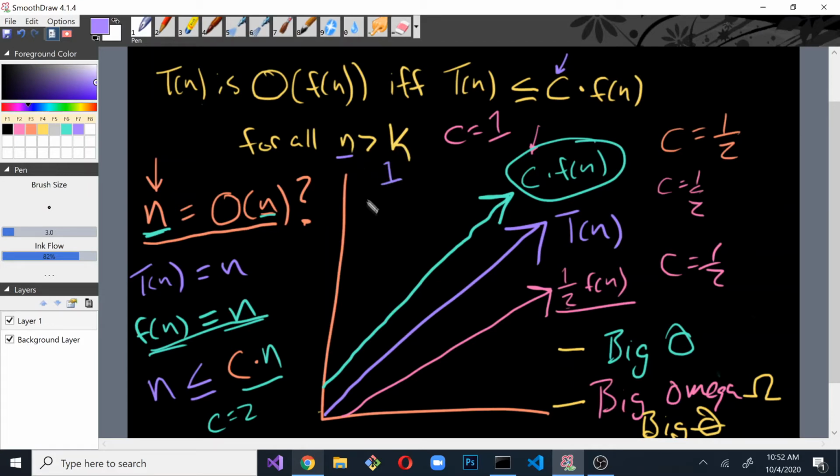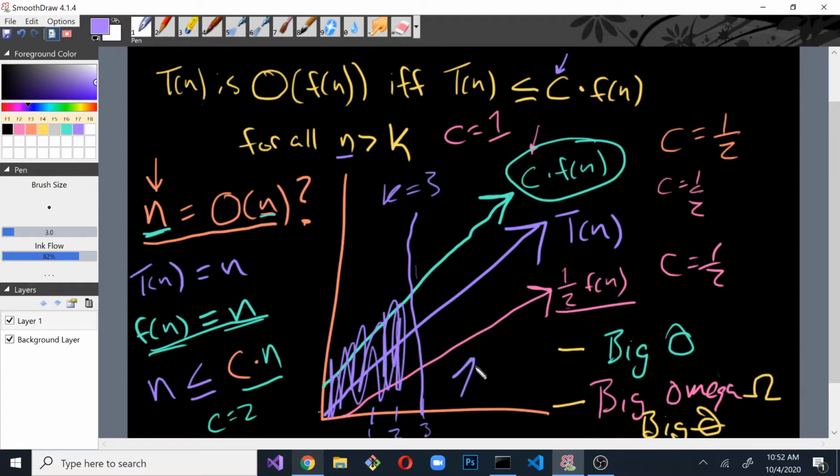So wherever n is greater than 1, and I think it's a little more confusing because you have a lot of variables going on. But all we're saying is that whenever n is past the point of 1 or 2 or 3, if k is equal to 3, all we're really saying is we don't really care what's going on this side of the graph. All that matters is what's going on this side of the graph right here.